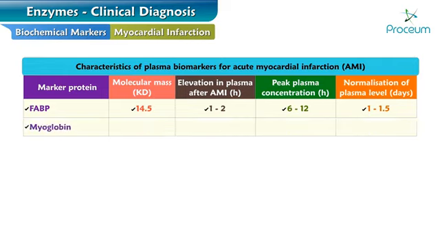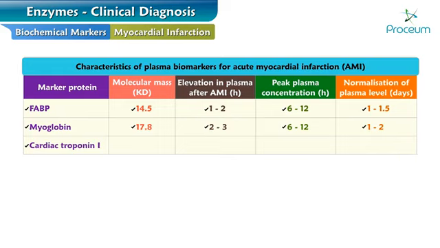For myoglobin, the molecular mass is 17.8. The elevation in plasma after AMI is 2 to 3 hours. Peak plasma concentration occurs at 6 to 12 hours, and the normalization of the plasma level occurs in 1 to 2 days.